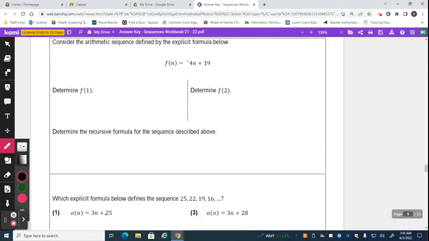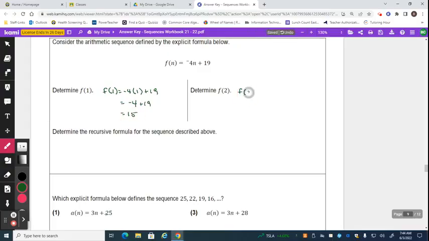All right, consider the arithmetic sequence defined by the explicit formula below. F of n equals negative 4n plus 19. The first term, we would get that just by plugging in 1, just like if it was a regular function. So the first term was 15.